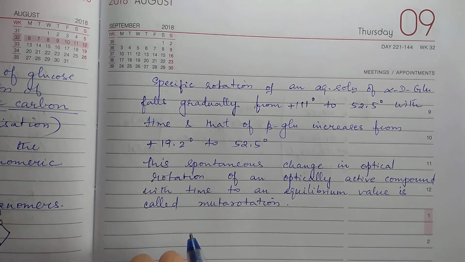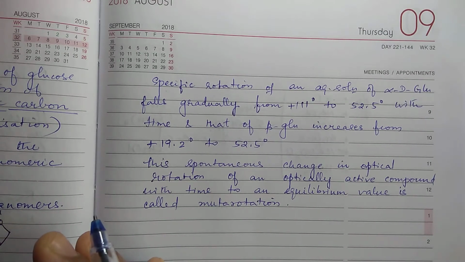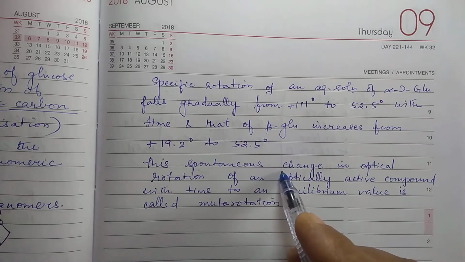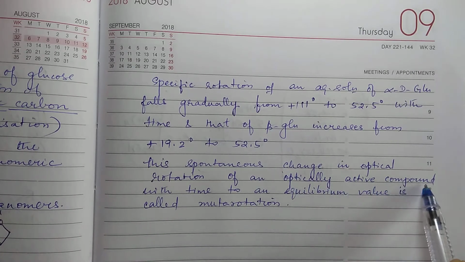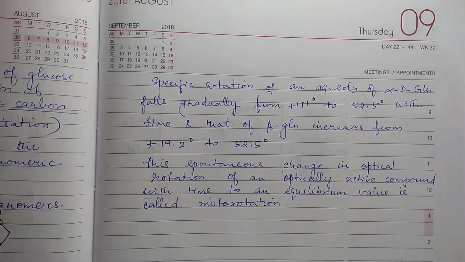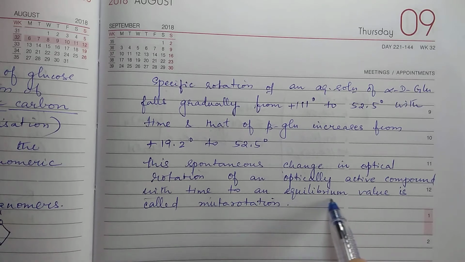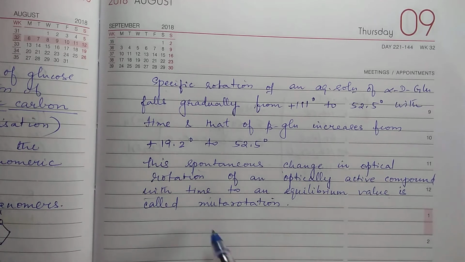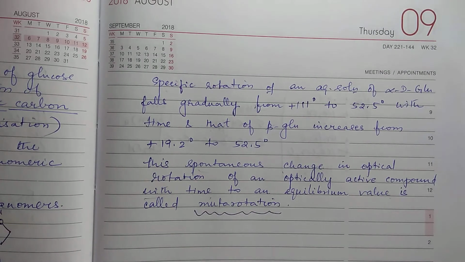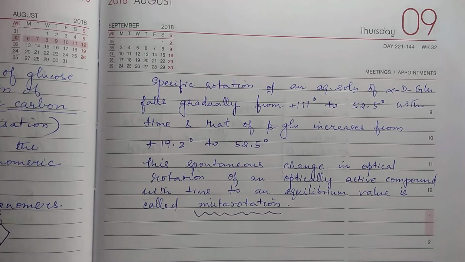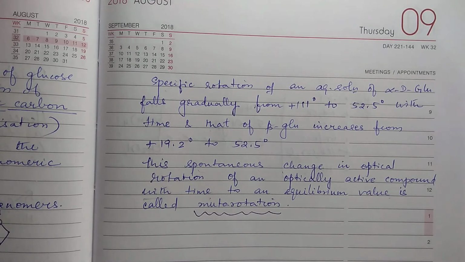And automatically the optical rotation changed from 111 to 52.5. So there is a spontaneous change in optical rotation of an optically active compound with time to an equilibrium value, which is called mutarotation. Is that clear? So what is mutarotation, right? This is also an important feature.